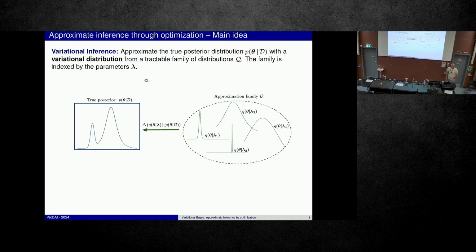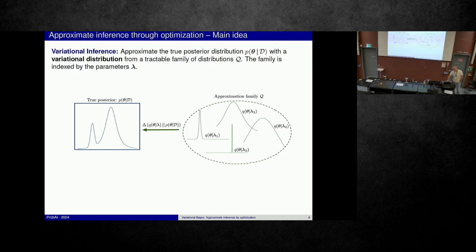This plot here is supposed to give you the whole story of what is going to go on. What's happening here is we have a true posterior in blue here. This is the model that we would try to approximate. To do that, we are first defining a family of approximations that we like.